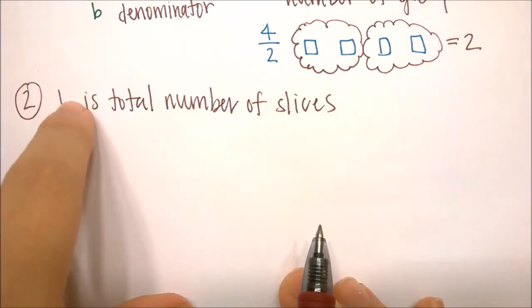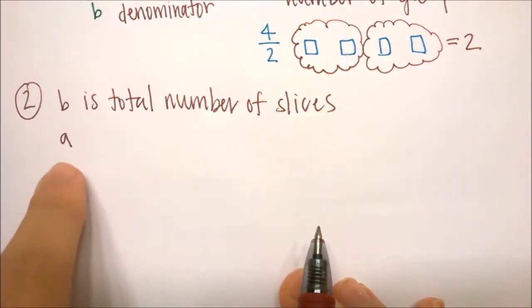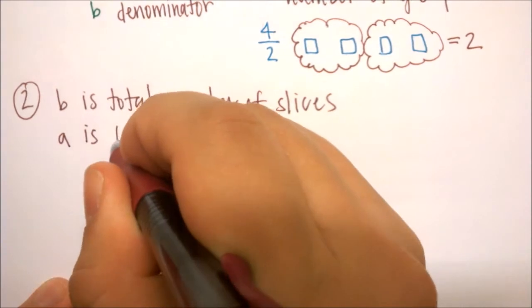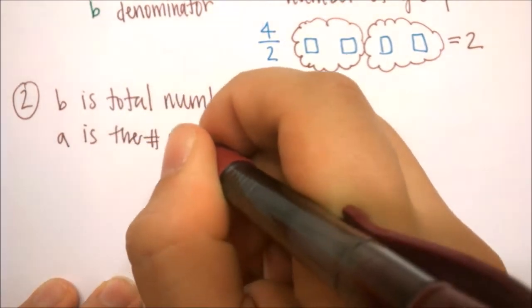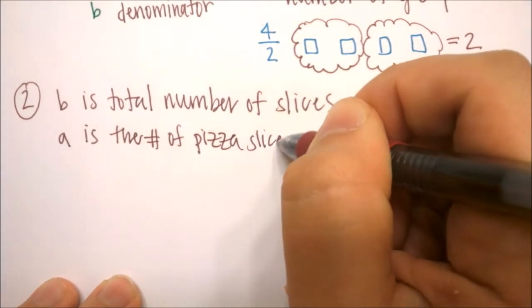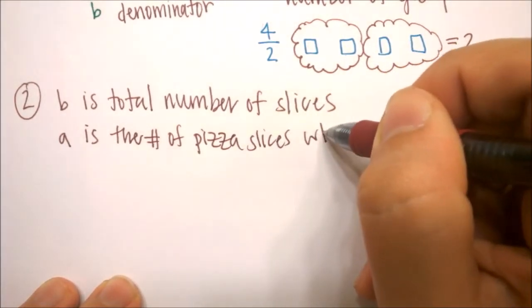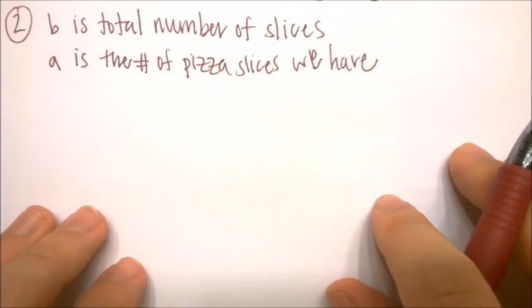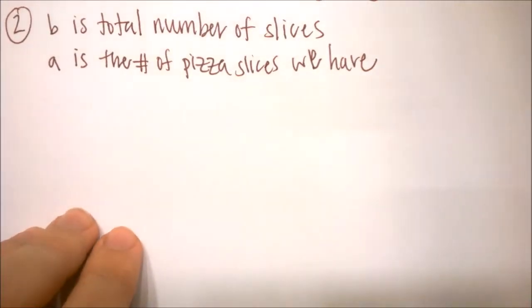There were B total slices to begin with, and what we're left with is A. So A is the number of pizza slices we have in our possession. Let's make this a visual.